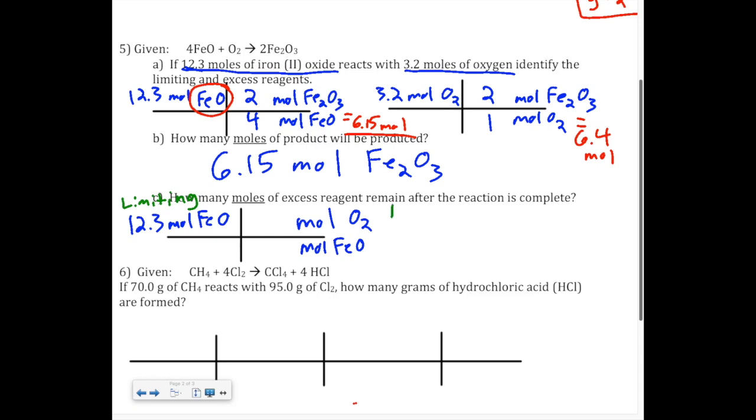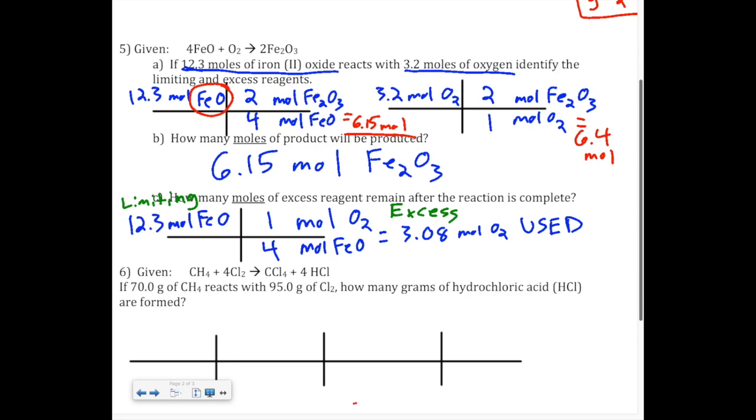What you'll have to do on your test is just convert limiting to your excess. Let me put the numbers in here. What this will give you is 3.08 moles of O2 used.